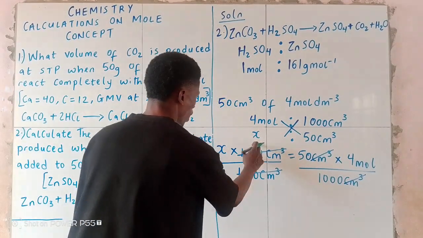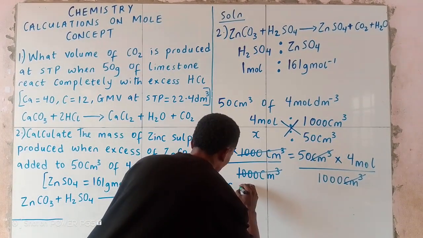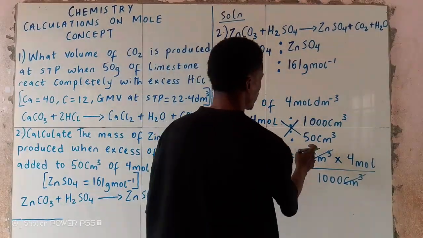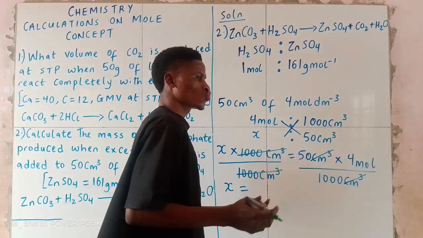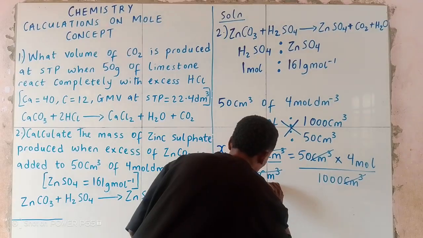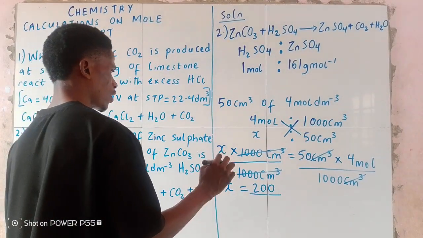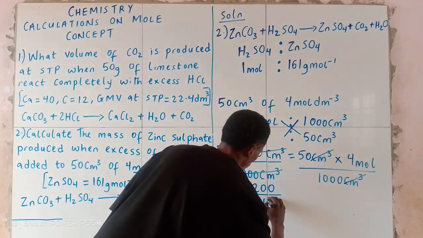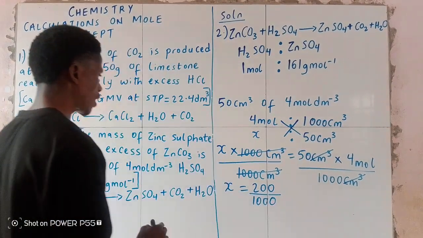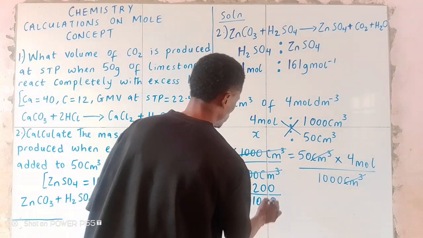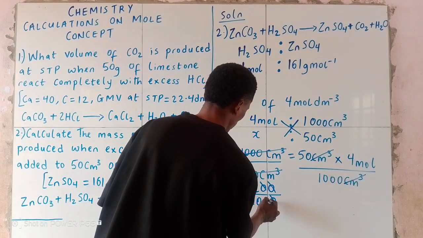x times 1 will give me x equal to 50 times 4, which will give me 200, over 1000. So 0 cancels 0.